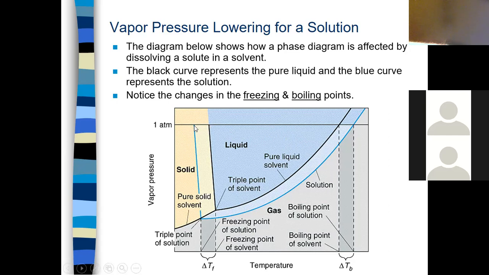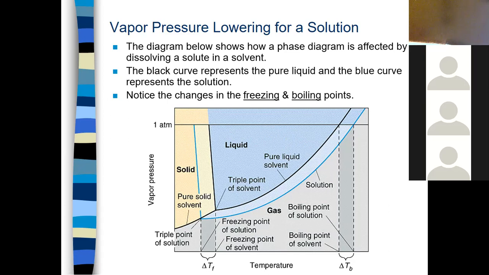Is it going to be higher or lower? The freezing point. Lower. It's going to be lower, isn't it? You hit the blue curve before you hit the black curve. So there's a lowering of freezing point. Freezing point depression is what we're going to call it. It's been depressed, it's been lowered.